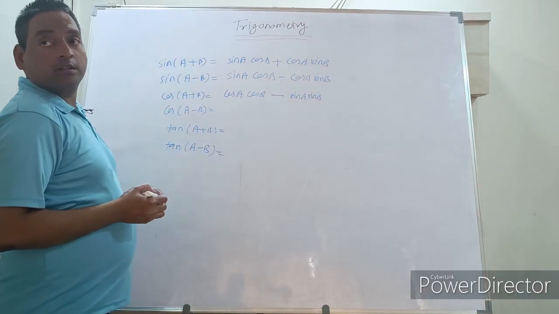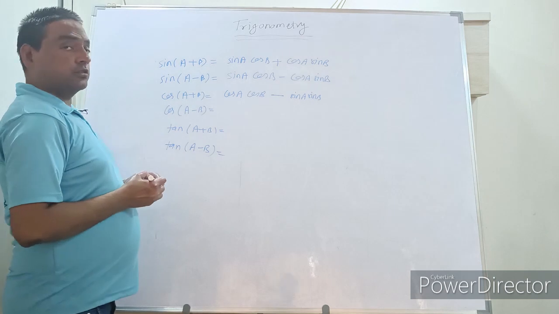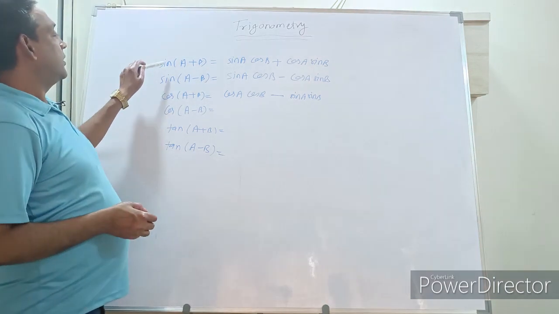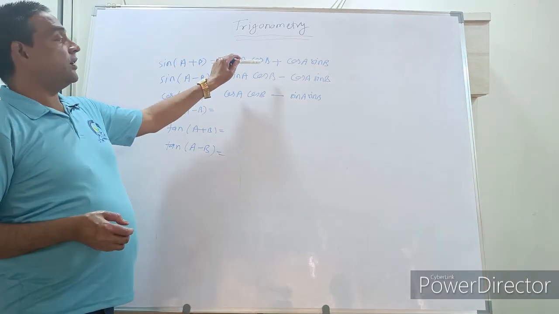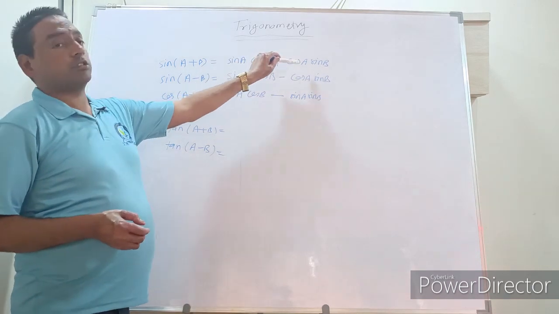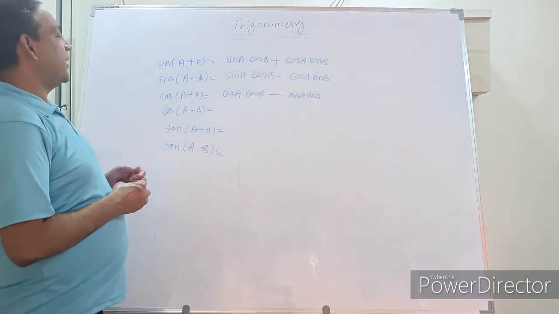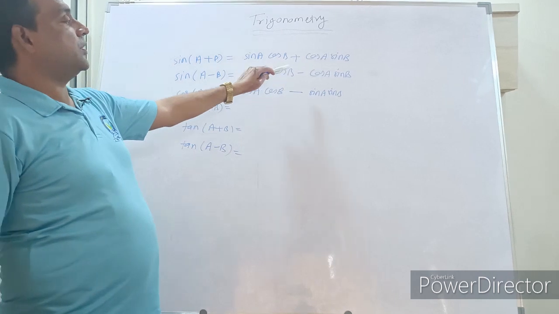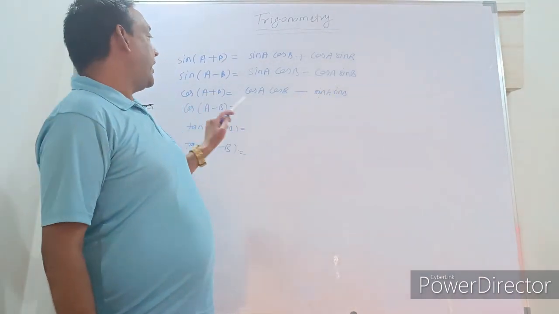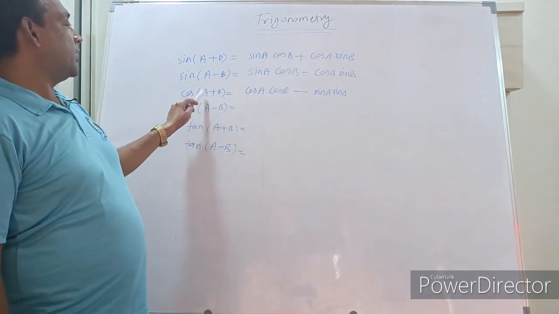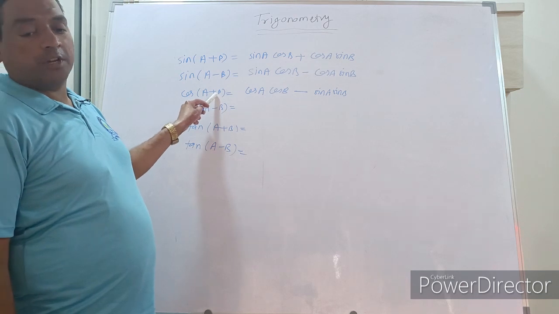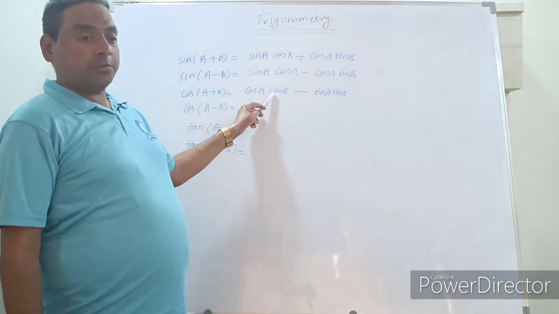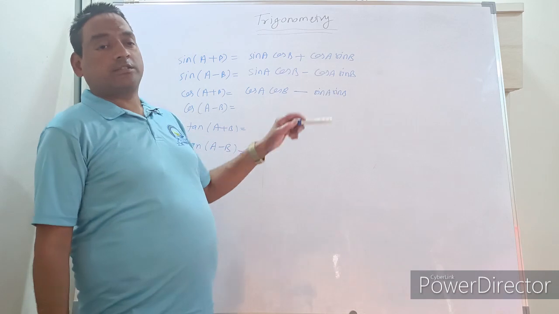Okay, sin(a plus b) is equal to sin a cos b plus cos a sin b. Sin(a minus b) will be sin a cos b minus cos a sin b, and cos(a plus b) is cos a cos b minus sin a sin b.